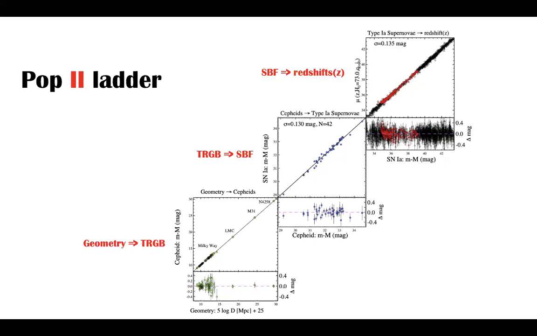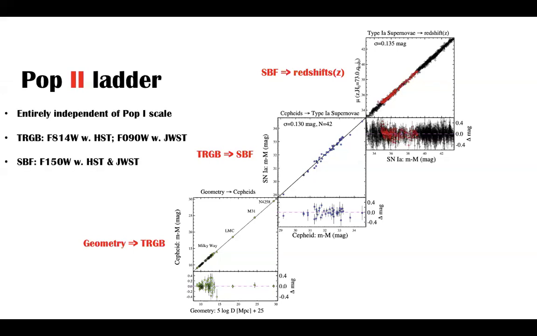And then we look at surface brightness fluctuation distances at large distances to get a Hubble constant from that. And each of these steps is totally independent of the other ladder because it's all population 2. So that's the game, entirely independent of the population 1 scale. And these are things that we can do beautifully with HST and JWST, except for this first step.